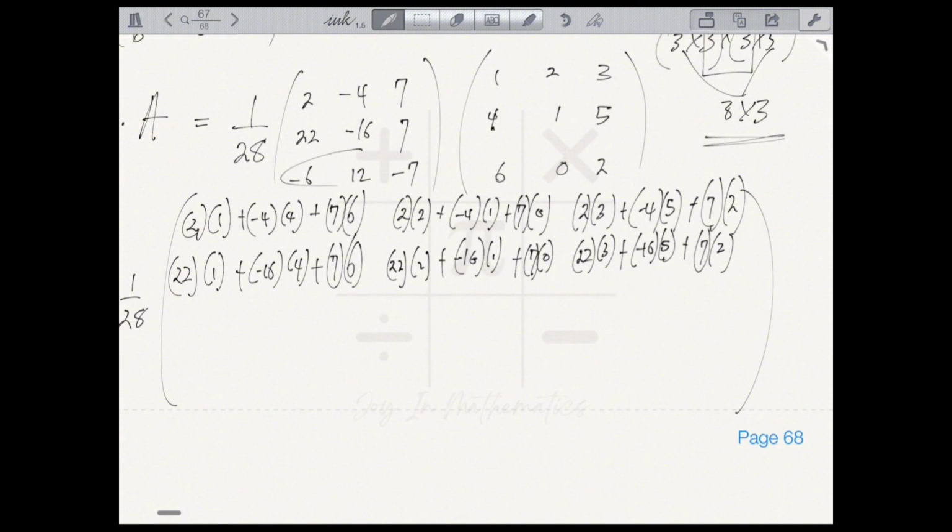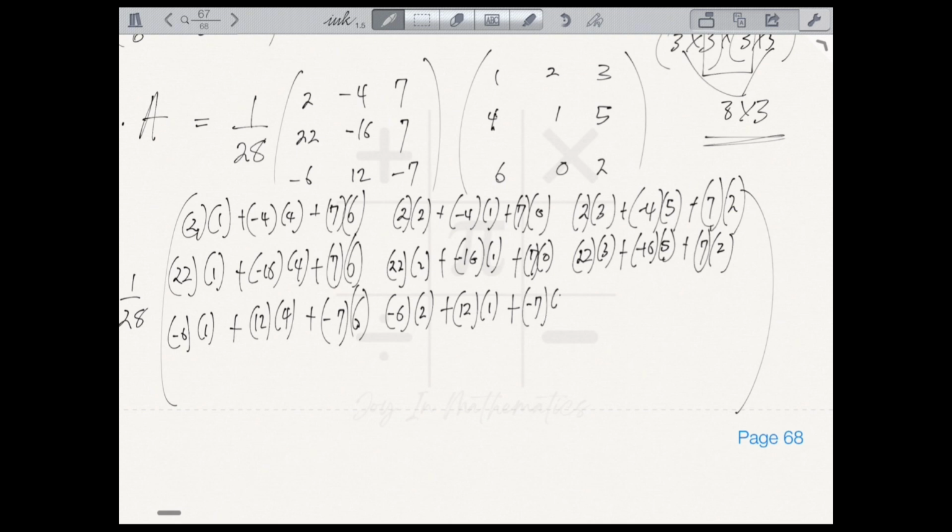And now let's do it for row 3. Minus 6 into 1 plus 12 into 4 plus minus 7 into 6, as row 3 column 1. Now let's do row 3 column 2. Minus 6 into 2 plus 12 into 1 plus minus 7 into 0.